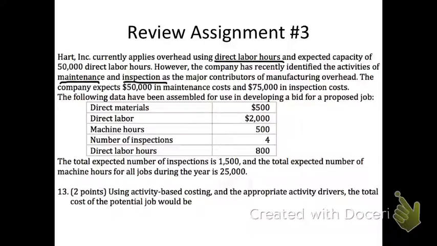So in the case of inspection, the number of inspections is not unit related, because I can do 4 inspections for 1,000 units, or I can do 4 inspections for 10,000 units, and so it doesn't matter how many units I'm producing, and so non-unit levels aren't necessarily related to production.